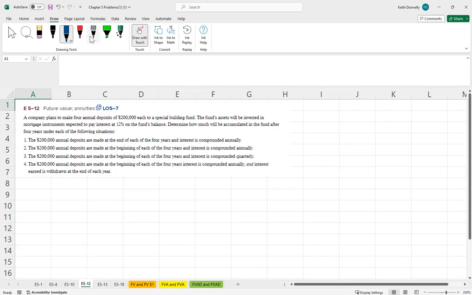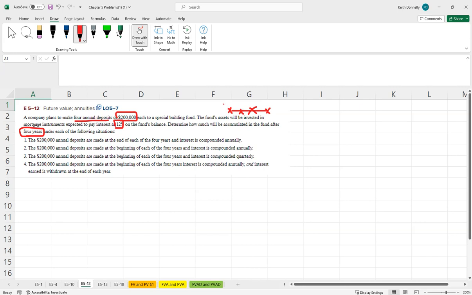All right, a company plans to make 4 annual deposits of $200,000 to help create a special building fund. It looks like they're going to invest the money in that fund at a 12% rate, and they want to know what it's going to be worth after 4 years. So really what's going on here, we're going to make 4 deposits, 200 grand, 200 grand, 200 grand, 200 grand.